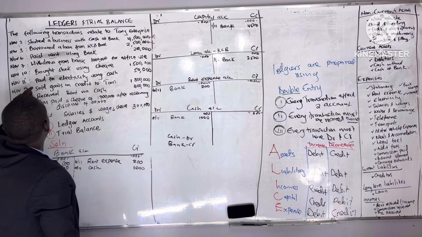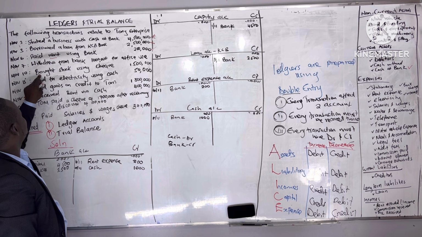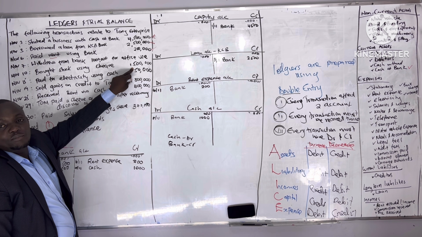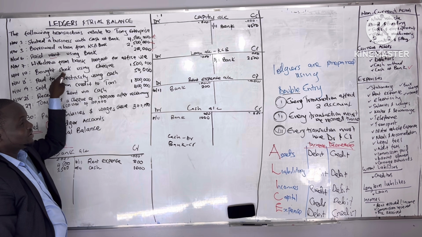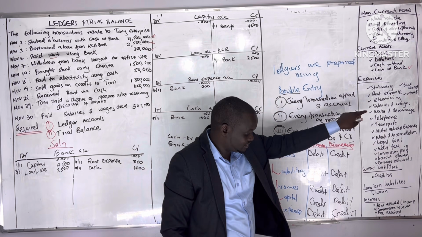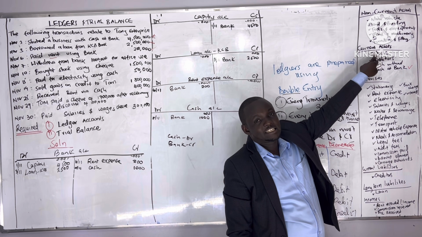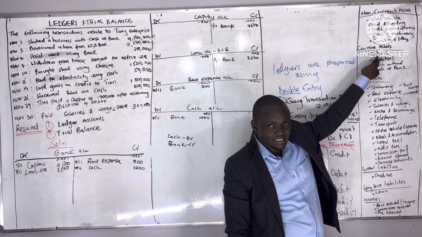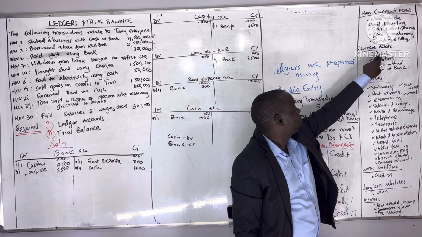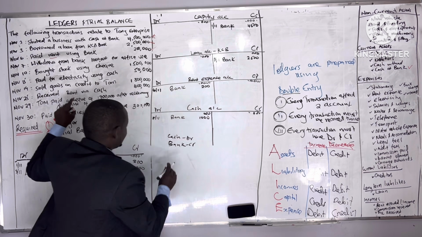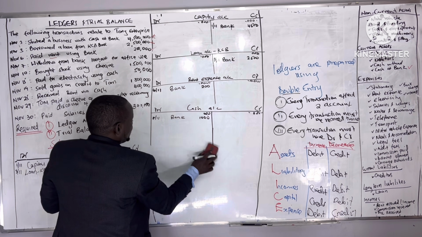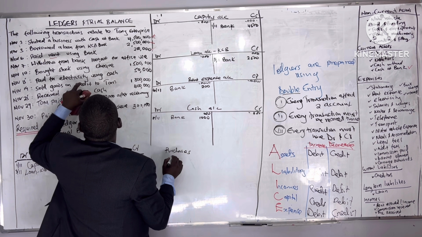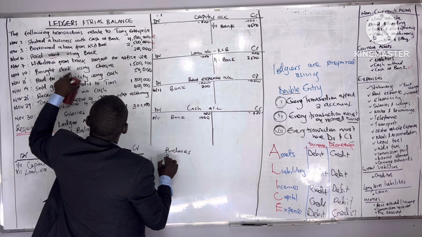The next one: bought stock using check, 1.5 million. When we purchase stock, we are purchasing an asset, but purchase of stock is written in an account called purchases. So the two accounts affected are one, purchases, and two, the bank, since this stock is being purchased using check.